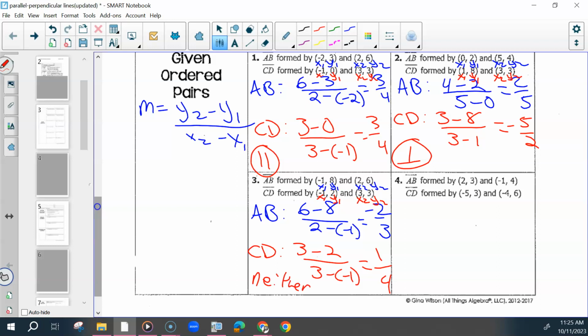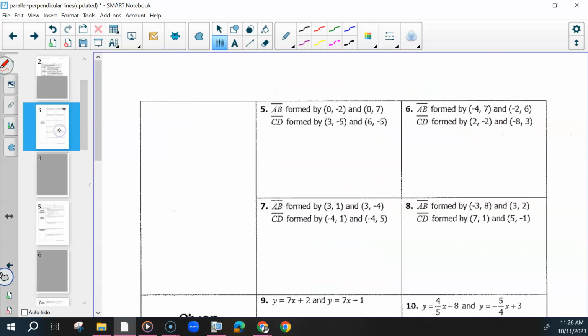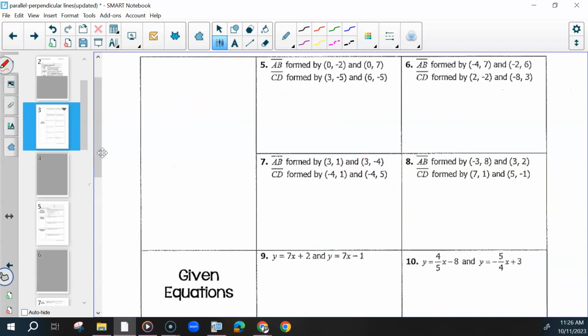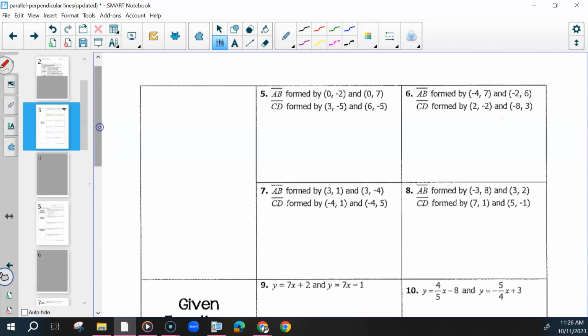Alright, go on to the next page. Let's do 5 and then we'll move on because I forgot 5 is a special case.